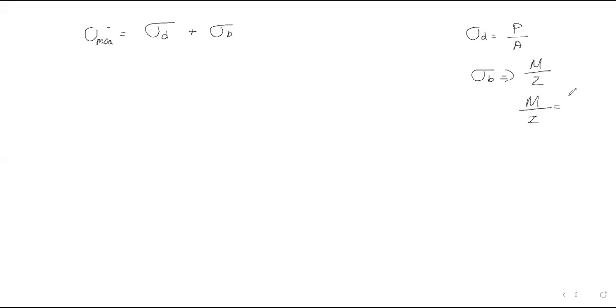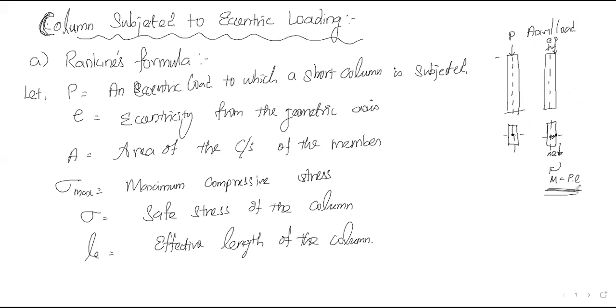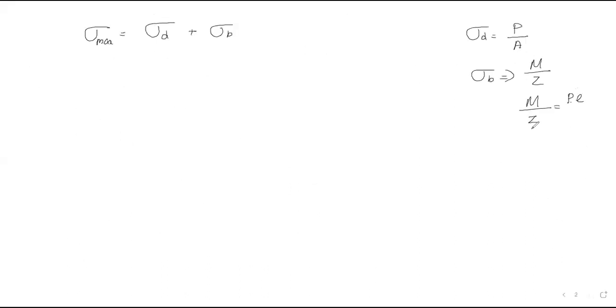From this, we know that M is equal to P into E. Because of load into eccentricity, we can get the moment. So P into E is the moment. Now Z we are going to take as I by Y. Therefore, the equation becomes P into E into Y by I.